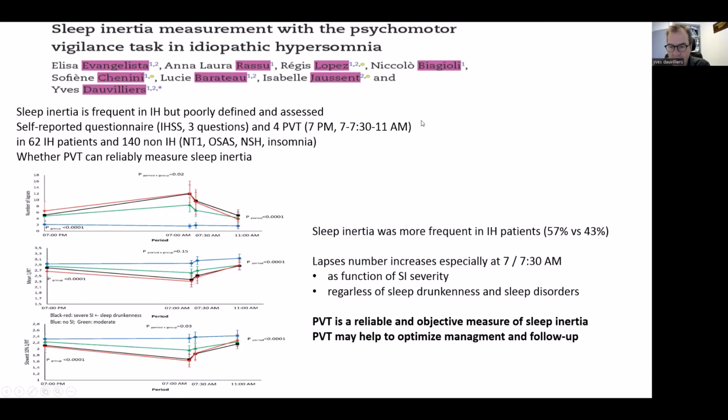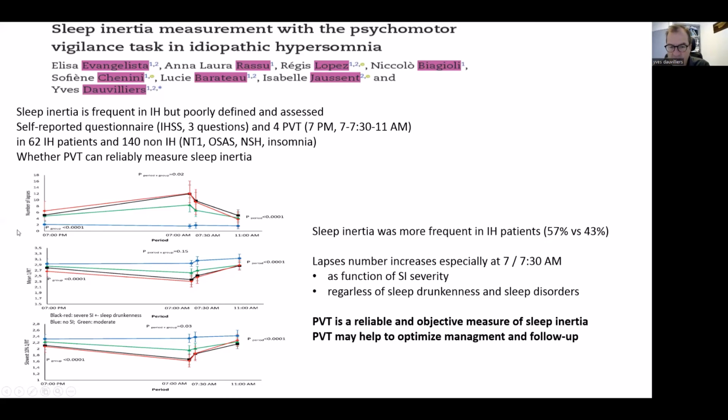And in this study, we performed the PVT at 7 p.m. after we record the sleep at night in the lab, and we did also another PVT at 7 a.m., 7:30 a.m., and 11 a.m. after the MSLT. We did that in 62 subjects with IH and 140 non-IH.